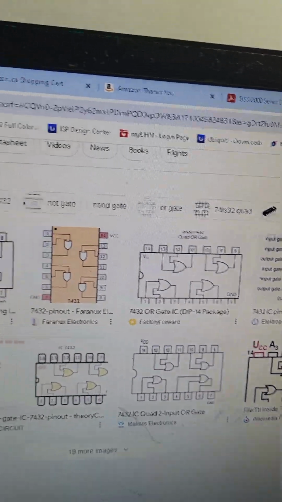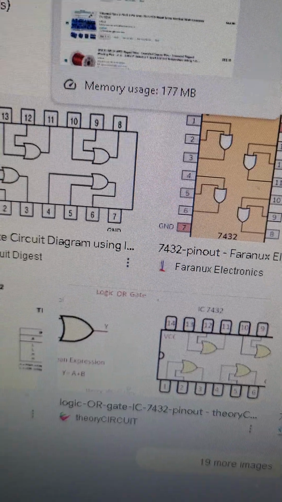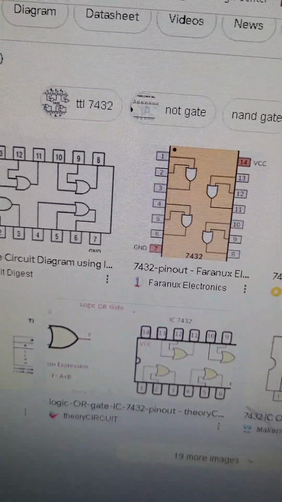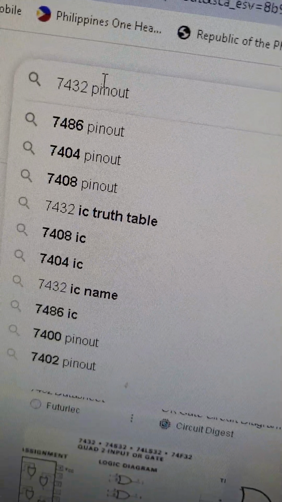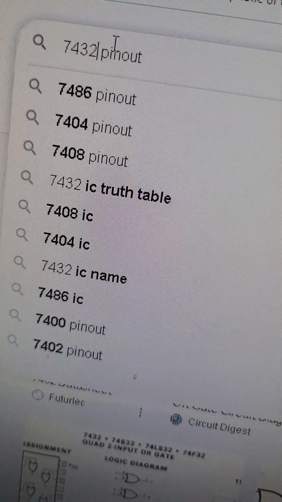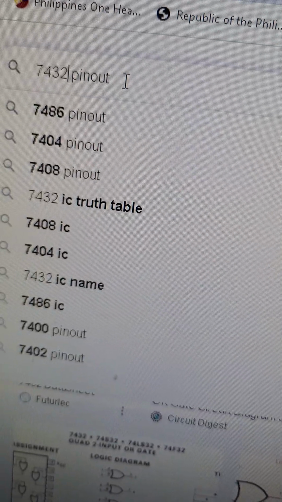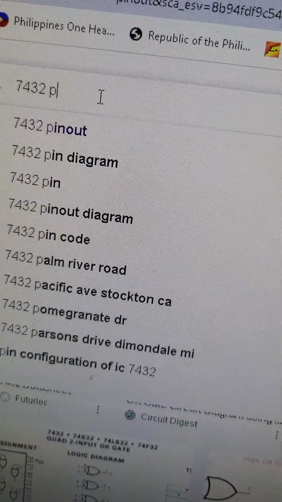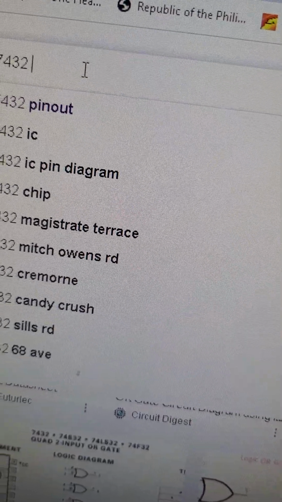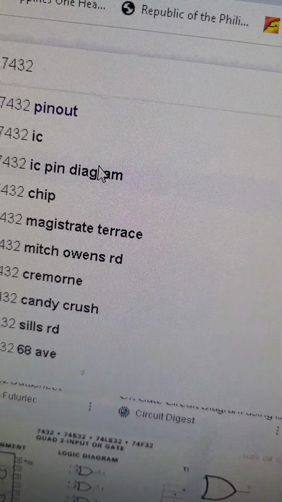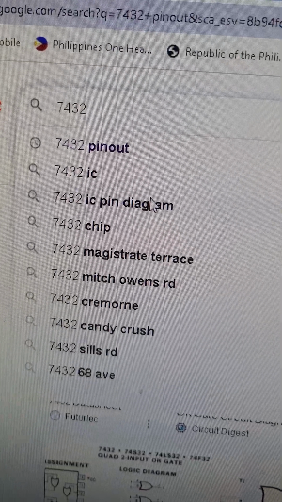So we are back here for the data sheet of this IC. What are the parameters? Like 7404, 7432, let's say 7432, what do you call that? Data sheet.